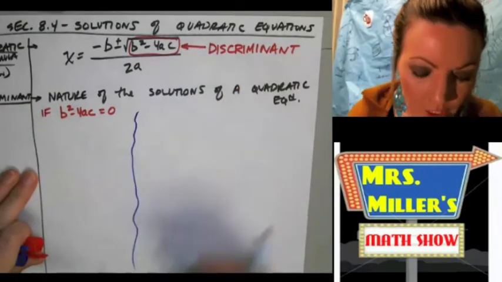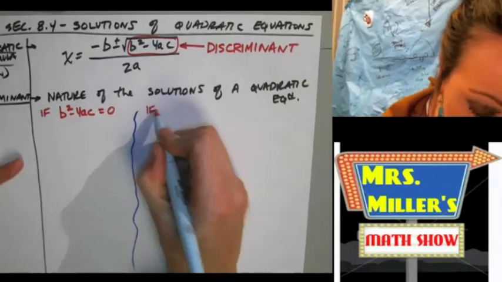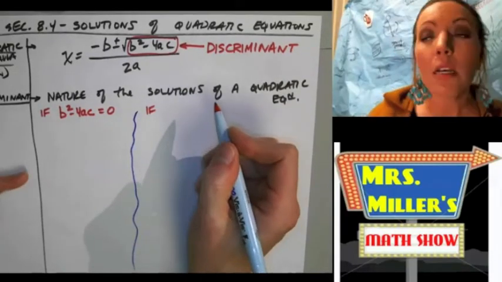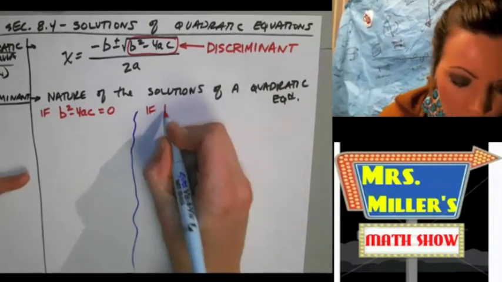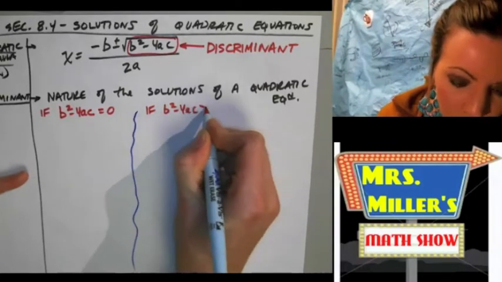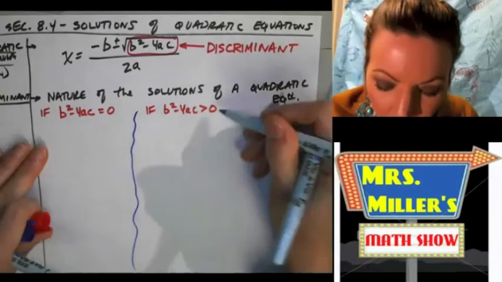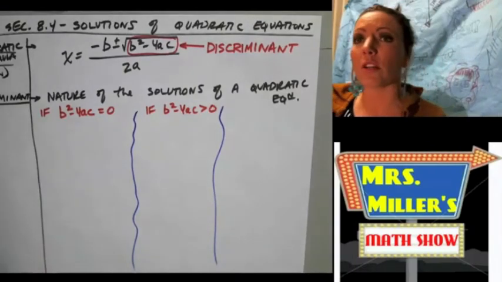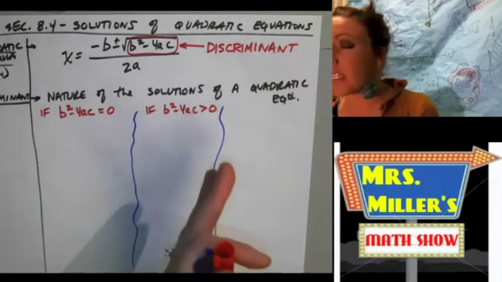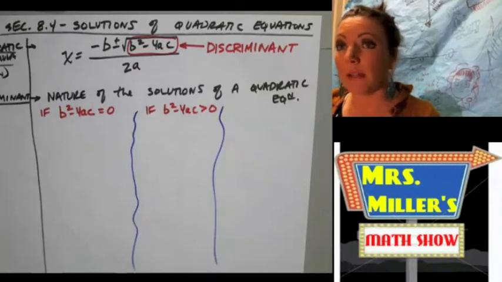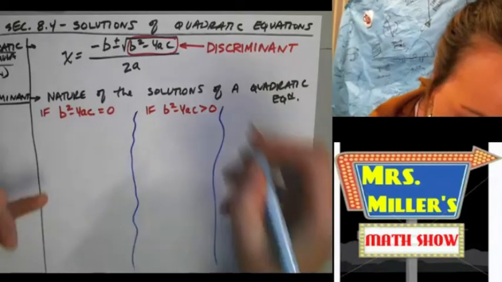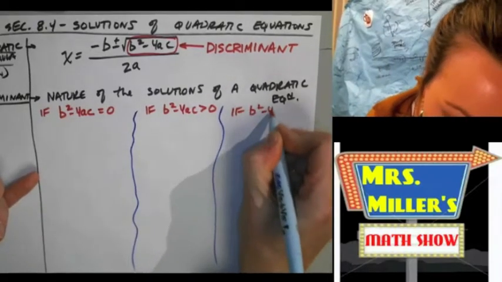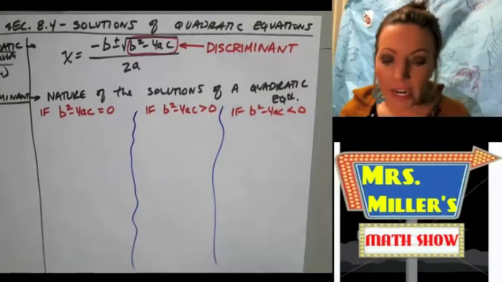Another option is if what's under the radical is greater than 0 or positive, so b squared minus 4ac is greater than 0. And then the last option, what do we think? So first one is that what's underneath is 0. Second one is positive. Last one? What do we think? Negative. Good. Okay, so if b squared minus 4ac is less than 0 or negative, something will happen.